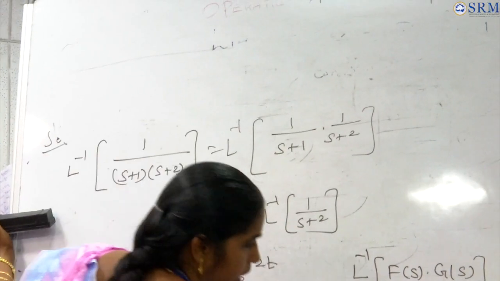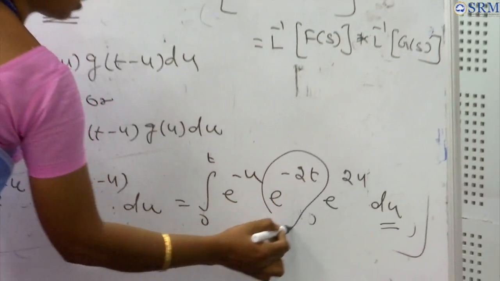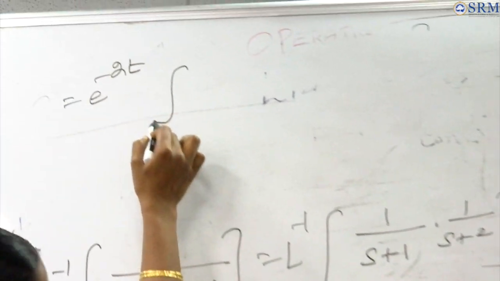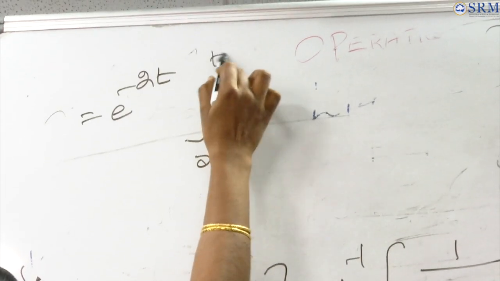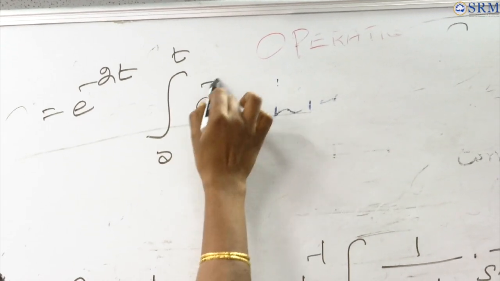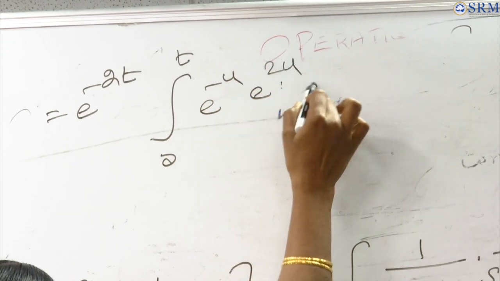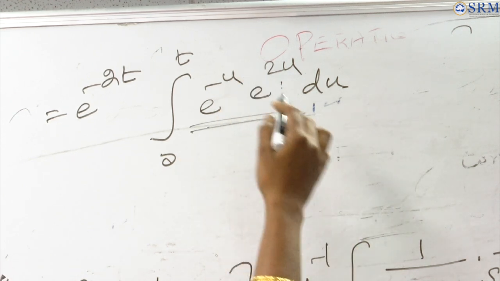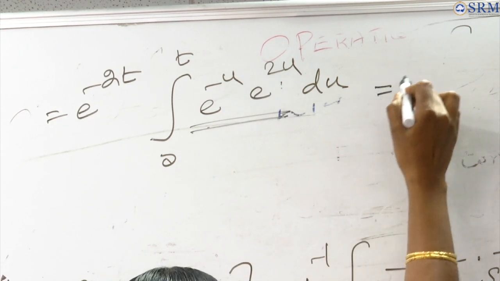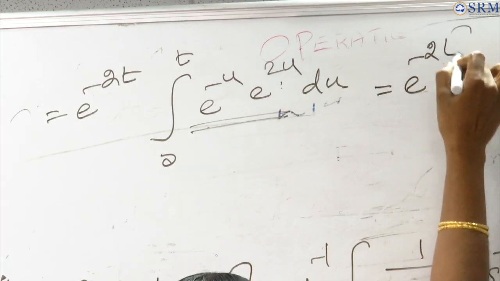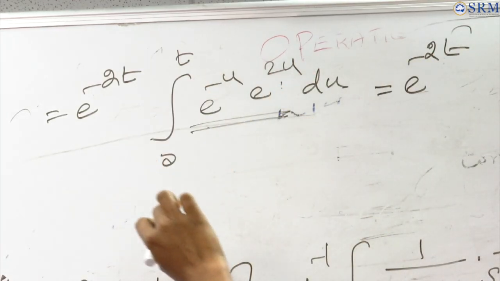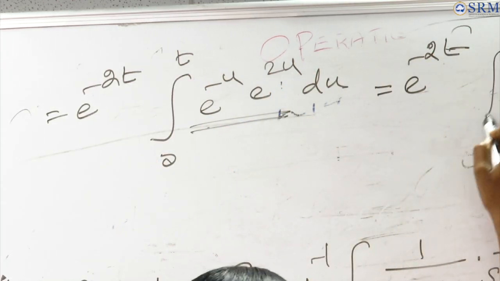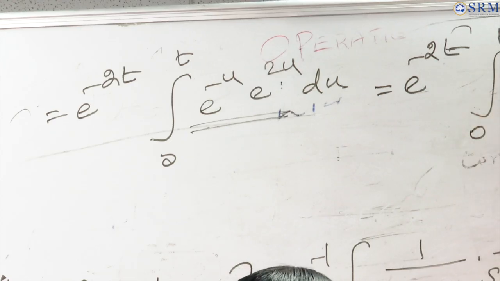For integration with respect to u, this e power of minus 2t is the constant. So e power of minus 2t integral of 0 to t e power minus u e power 2u du. Now you combine these two. The base is the same, only the power is different, so add these two. So e power of minus 2t, one sign is minus, another one is plus, so you subtract. So integral of 0 to t e power of u du.